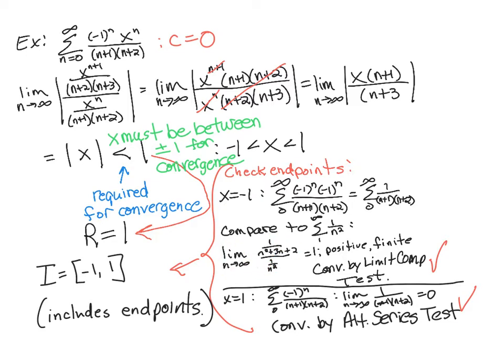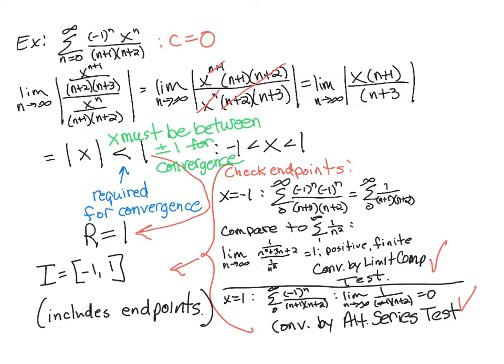Invert the bottom and multiply. Now I've got n squared over n squared plus all this stuff. The limit as n goes to infinity is going to give me exactly 1. So 1 is positive and finite, and so this series, my test series, is convergent by the limit comparison test.